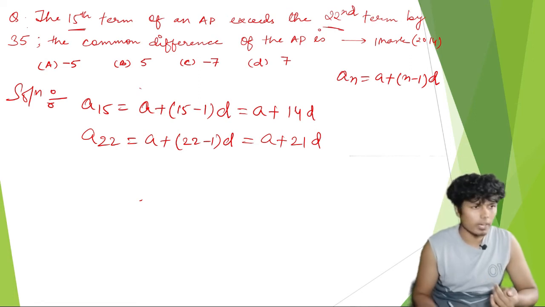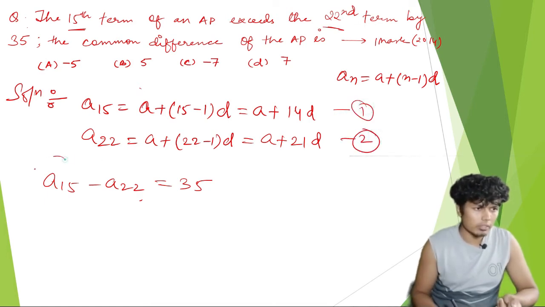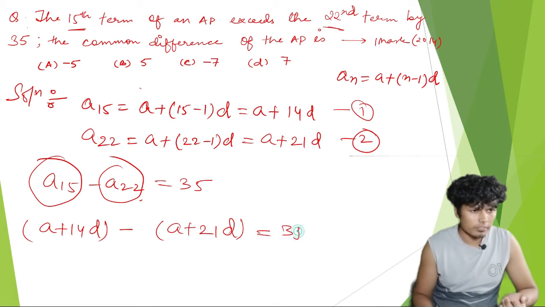Now what does the question say? A15 minus A22 is equal to 35. From equation number 1 and equation number 2, write down the value of A15 and A22. A15 is A plus 14D minus A22 which is A plus 21D is equal to 35.